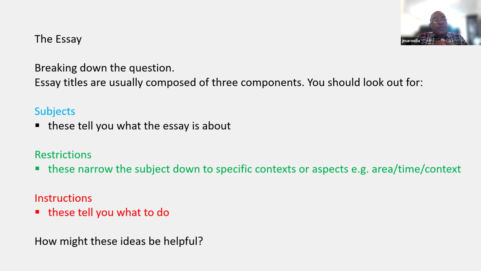And to help you identify instructions, they are phrased using verbs. These are active verbs. For example, it could be the word describe. So the word describe tells you what you need to do specifically. And we're going to look at the definitions of some of the instruction words that are traditionally used in formulating assignments.